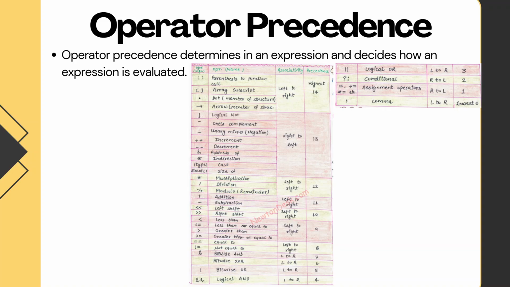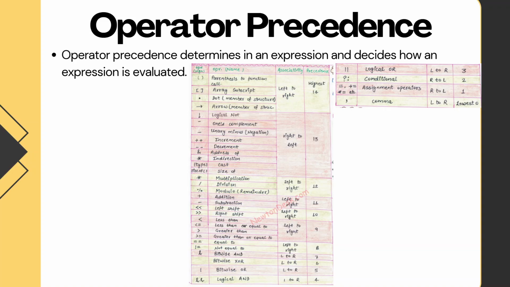With the precedence 13: multiplication, division, modulus, left to right. With precedence 12: addition and subtraction, left to right. Precedence 11: left shift and right shift, left to right. Precedence 10: less than, less than or equal to, greater than, greater than or equal to, left to right.